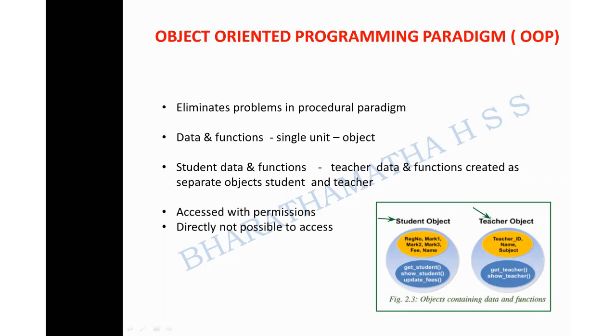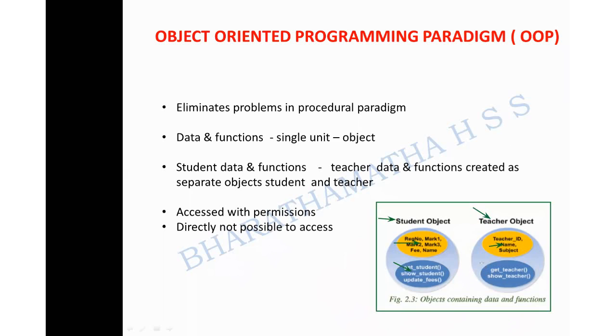So based on this student, what did we see? These are your data: teacher ID, teacher name, subject. This yellow colored oval is your data, and this dark blue is known as your functions.